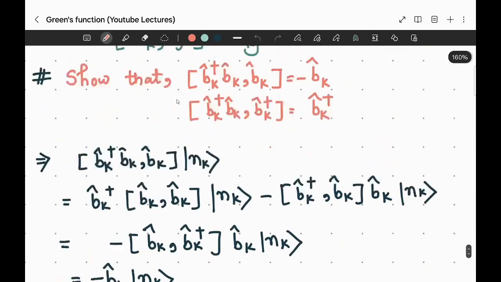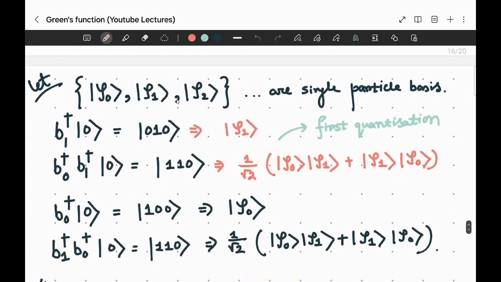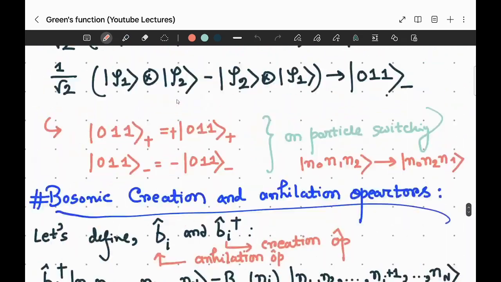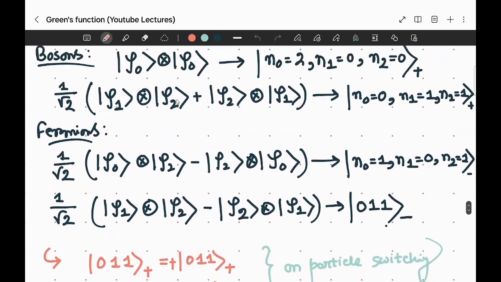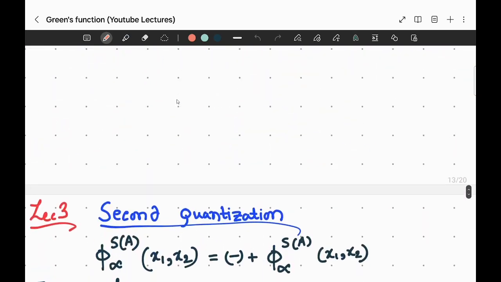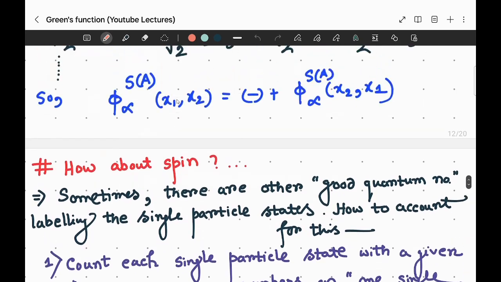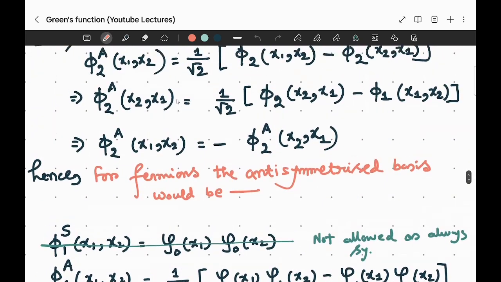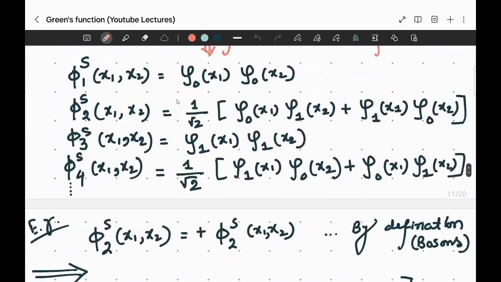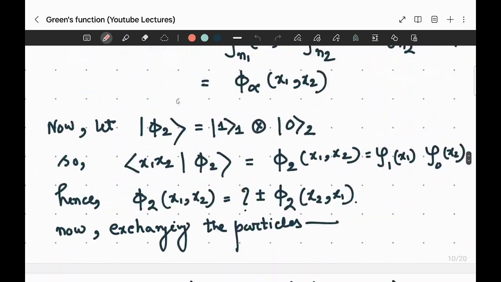This is like a determinant, yes. Where it is difficult to find out.